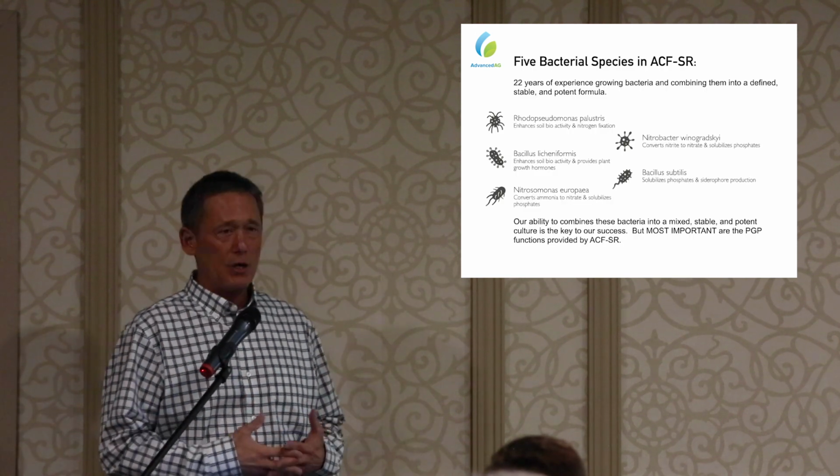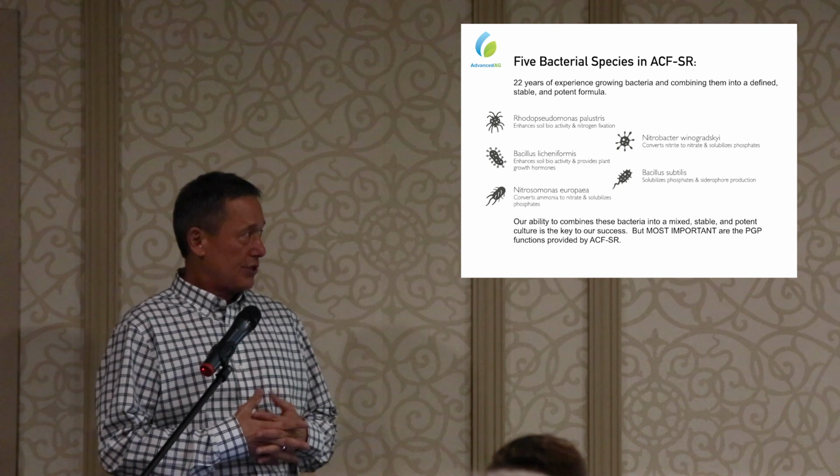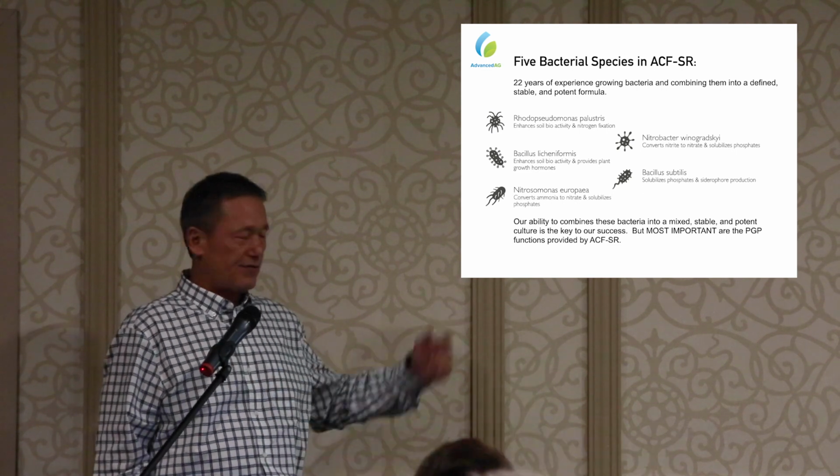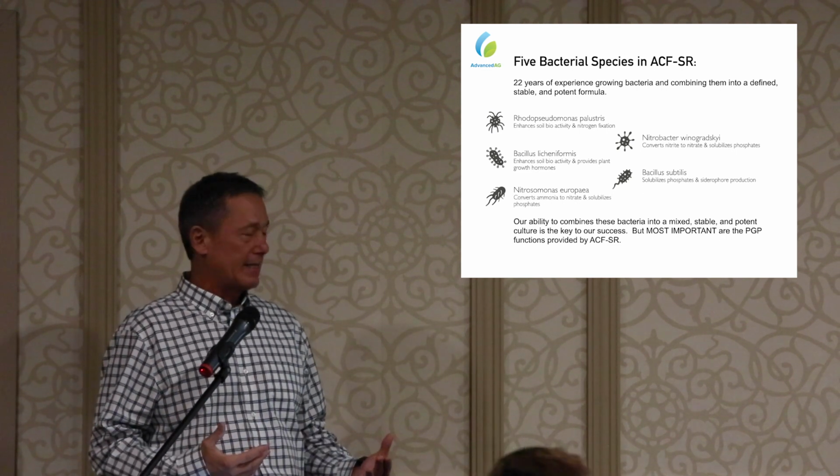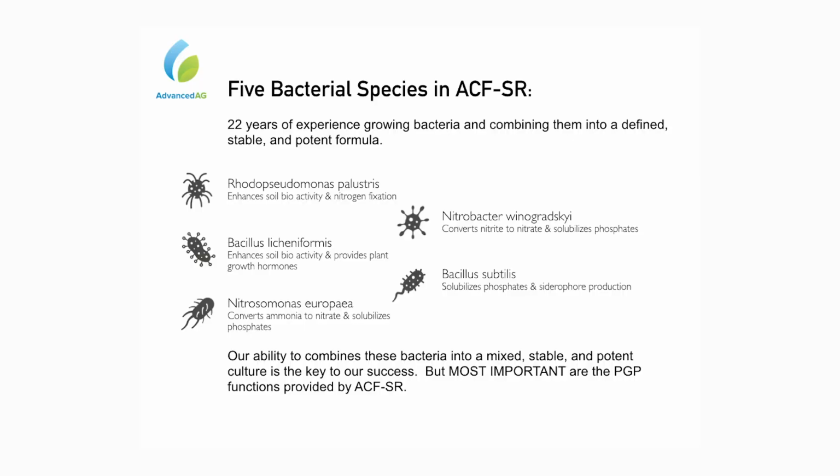Having said all that, we do disclose, just as Travis pointed out, we have these 5 species of bacteria in the ACF main formula. These are all on the Canadian DSL, the domestic substances list, where you can bring them into the country.